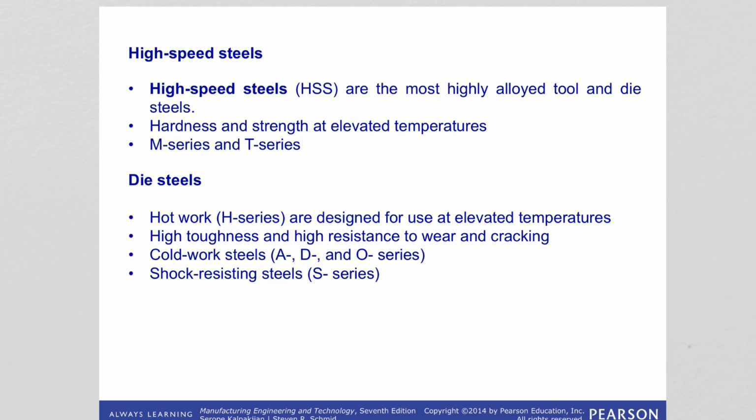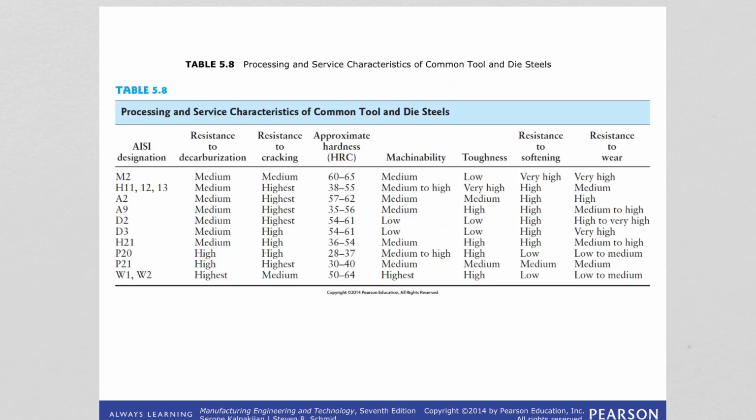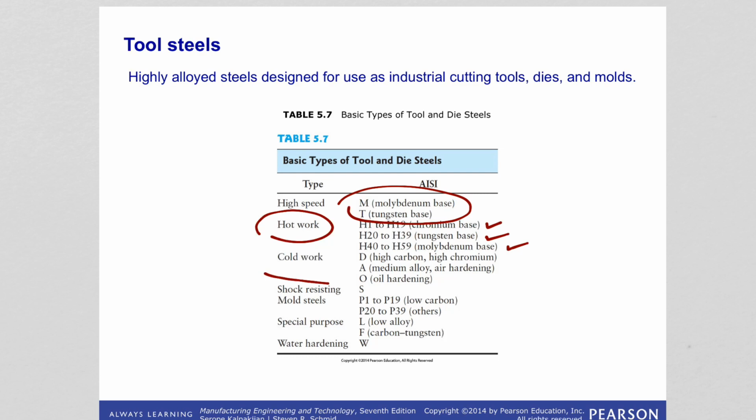Again, for dies used during cold working operations, we also have cold work steels. The letters are A, D, and O series. Depending on their carbon content, alloying content, the elements they have, and how they are hardened, a different letter is given.